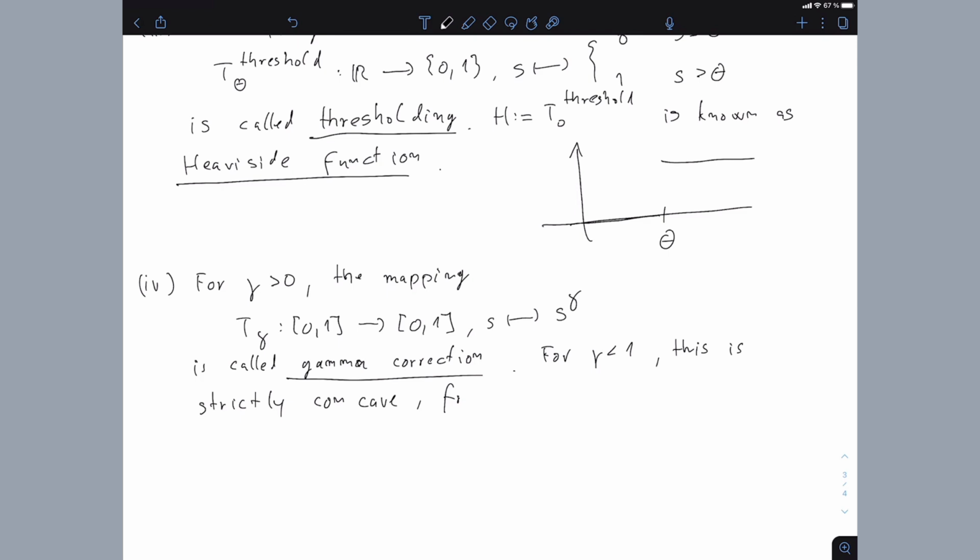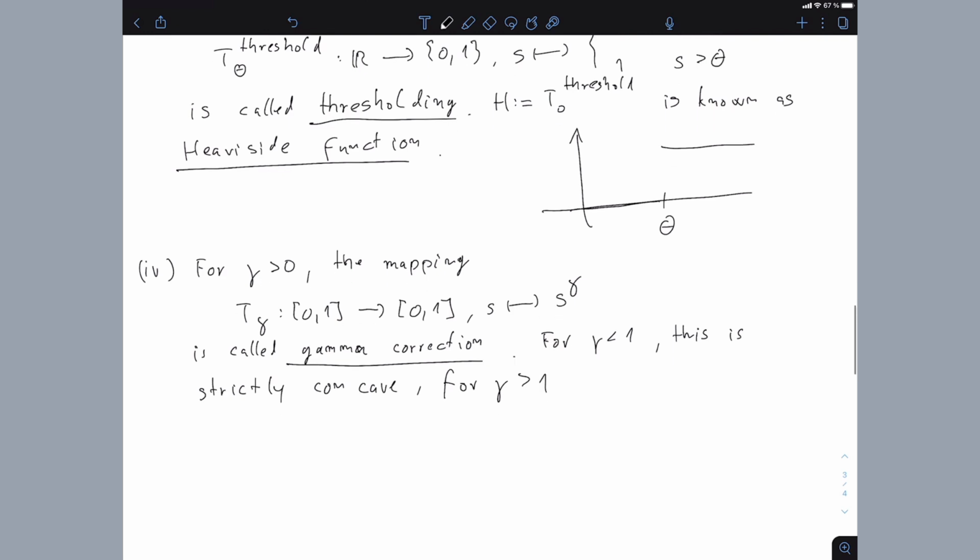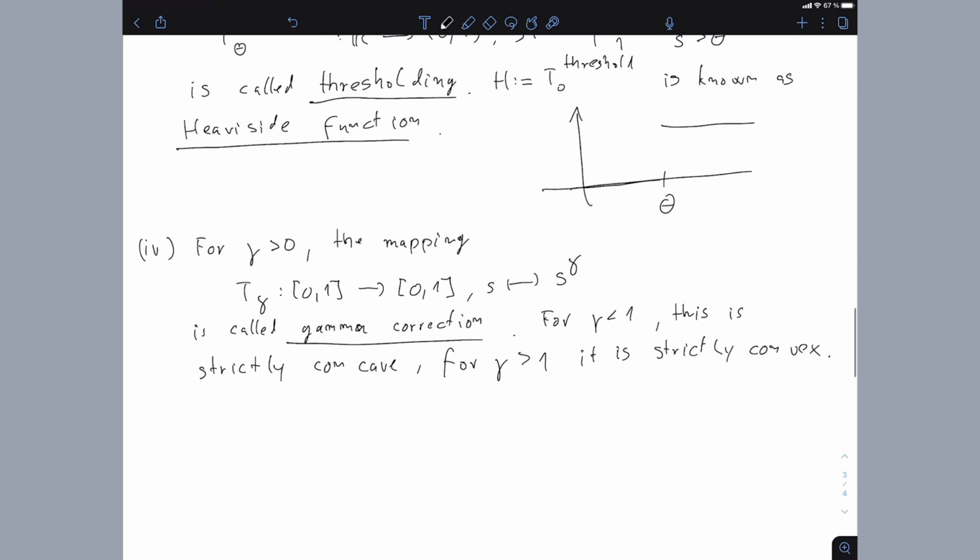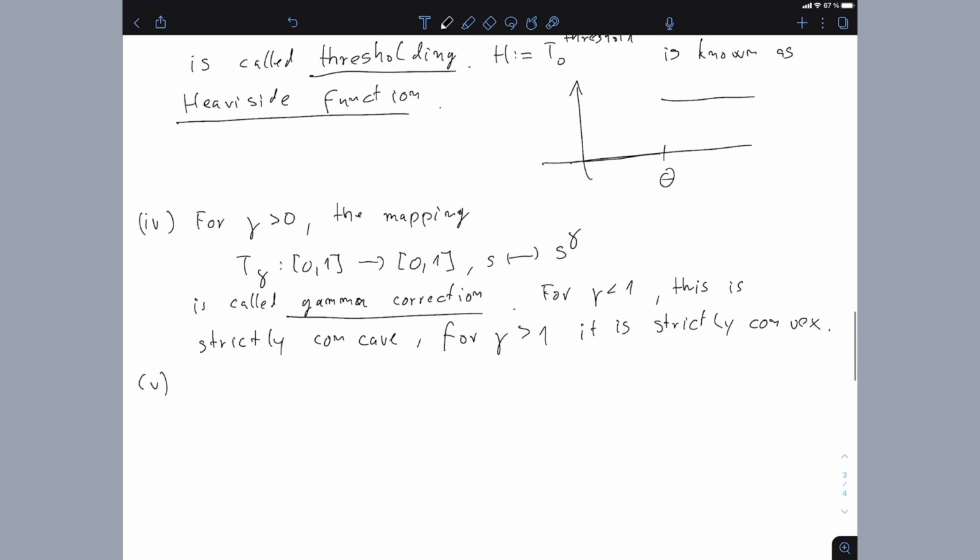Also for a gamma strictly bigger than 1, it's strictly convex. We should also have a look at the plot.